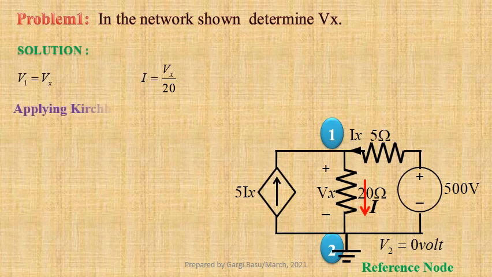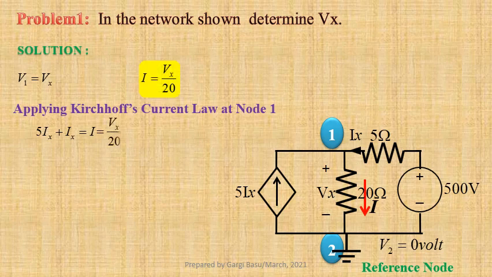Therefore, applying Kirchhoff's current law, we get 5Ix plus Ix equals I. Using expression for I, we get Vx by 20. Rearranging this equation, we get Vx equals 120 times Ix.